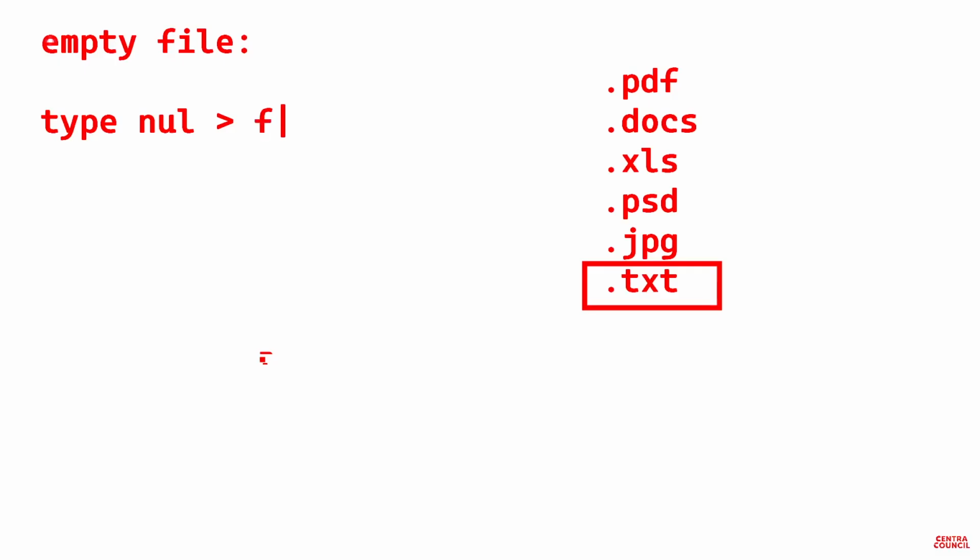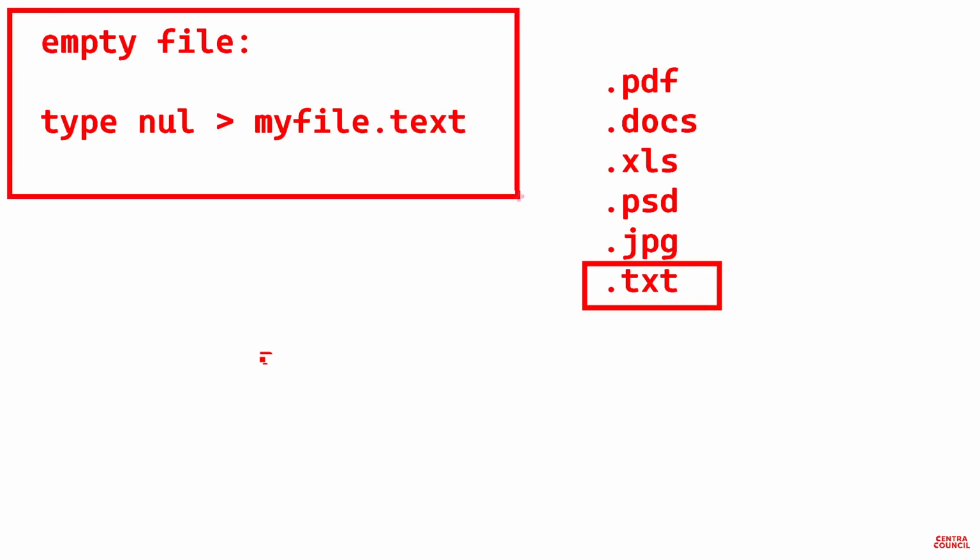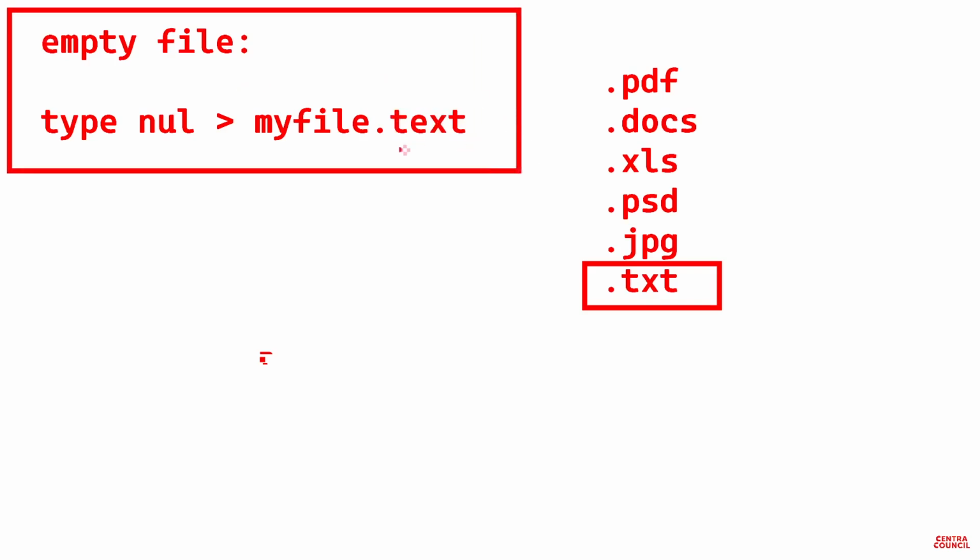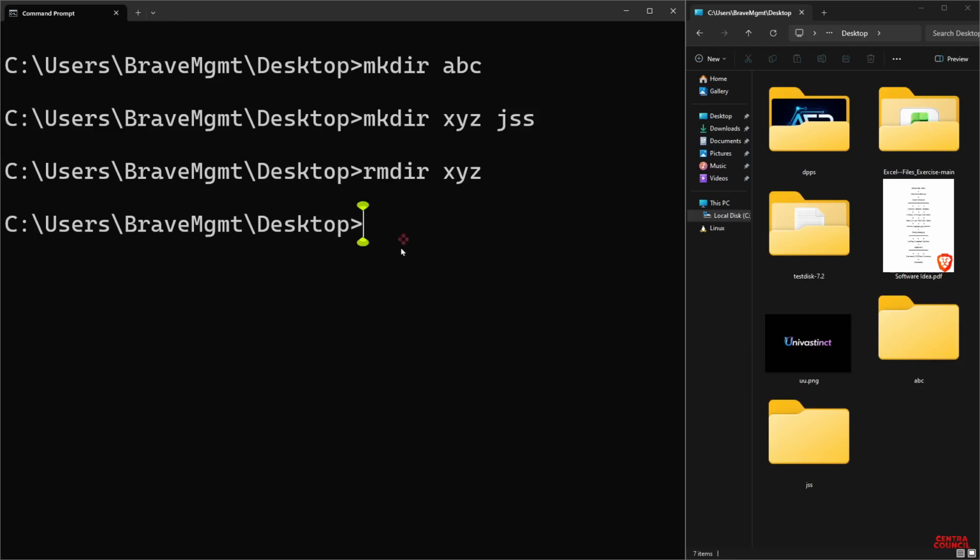So maybe you can just write myfile.txt or PDF, whatever. So I'll just probably use txt for now. Okay, so this is actually learning how to create an empty file. So let's create an empty file first. It means you can open the file, but there will be no text, no word, nothing inside it. Okay, so let's try it out.